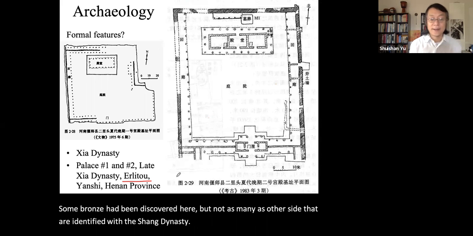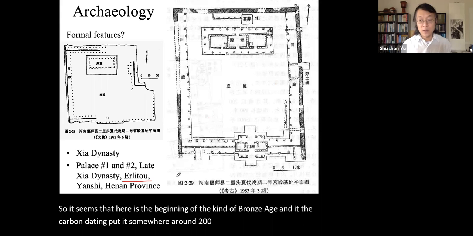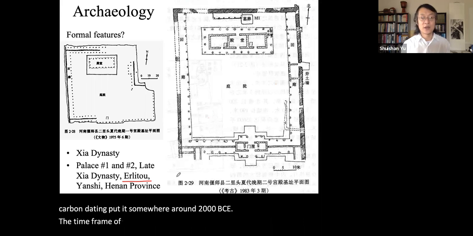So it seems that here is the beginning of the Bronze Age, and the carbon dating put it somewhere around 2000 BCE, and that is the time frame of the Xia Dynasty.